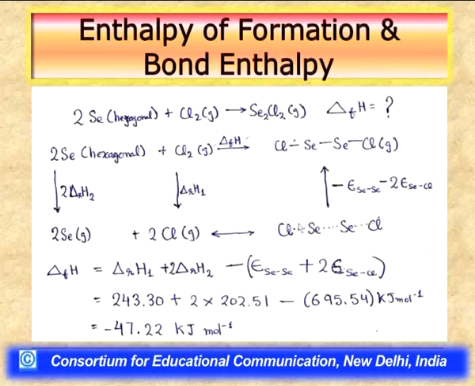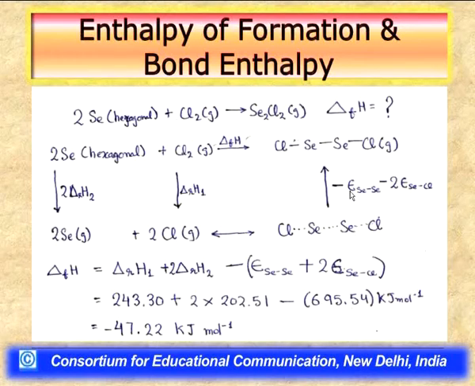Thereafter, when these atoms have been formed in the gaseous state, they condense to form bonds in selenium chloride, which involves the formation of 1 single selenium-selenium bond and 2 single selenium-chlorine bonds. So we can make use of bond enthalpy data here.